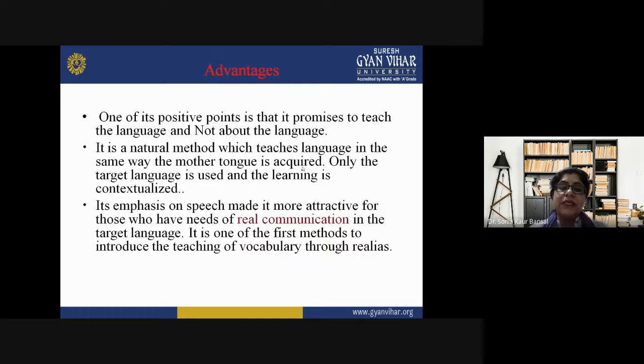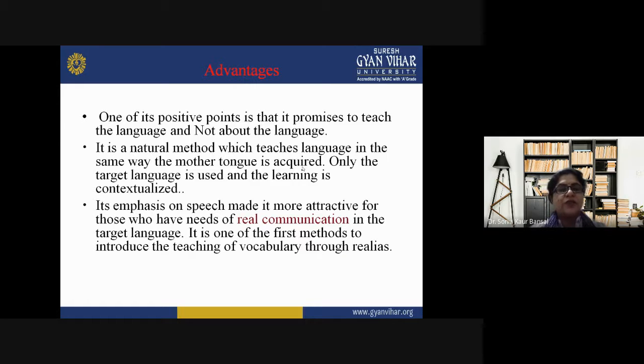Only the target language is used, because whatever you are teaching your students, you are giving them context for their better learning. It emphasizes speech, made it more attractive for those who have need of real communication in the target language. It is one of the first methods to introduce the teaching of vocabulary through realia.